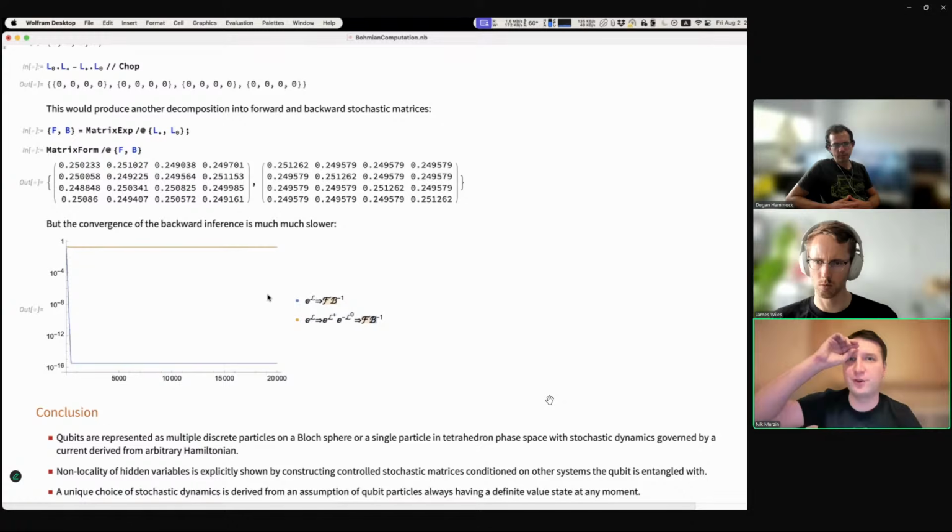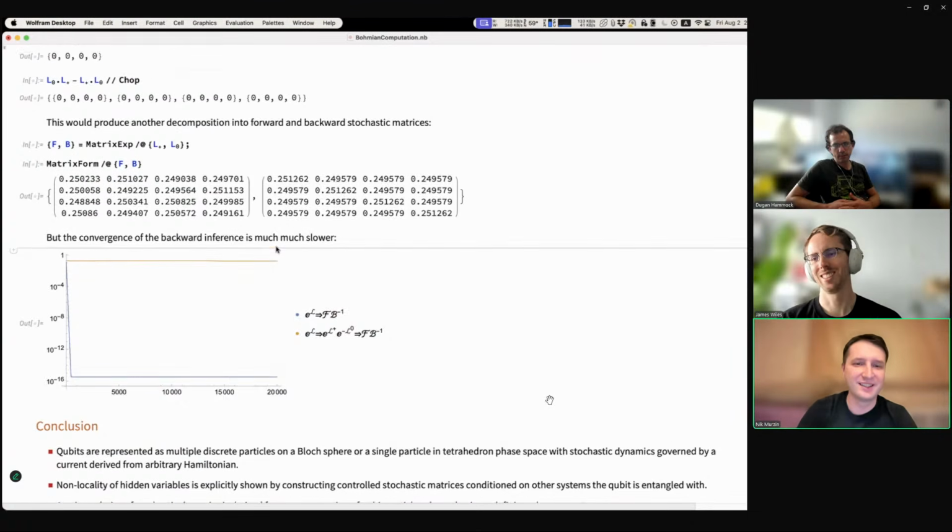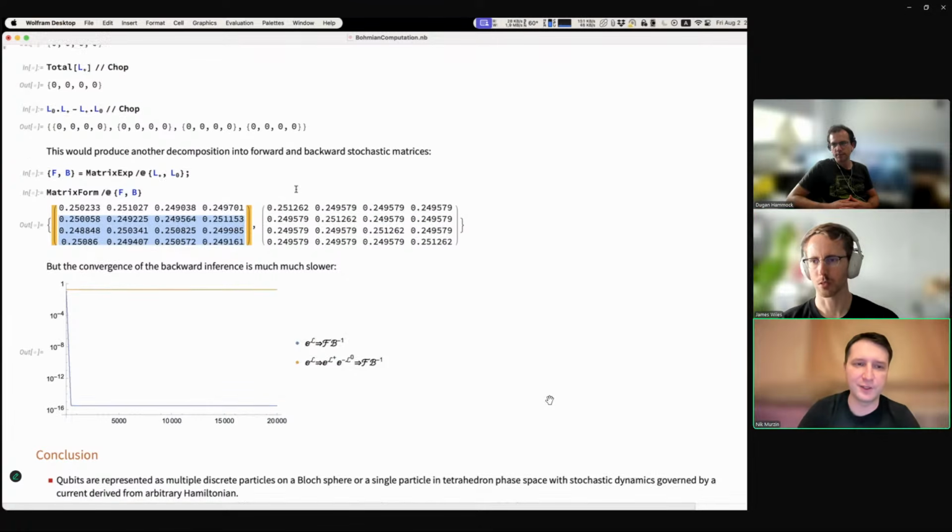You get very slow convergence instead. You don't even see it in comparison, but it still goes to the same destination. It's because you essentially have almost uniform matrices with almost the same values, and the difference in actually changing is very tiny, so that's why it's slow.